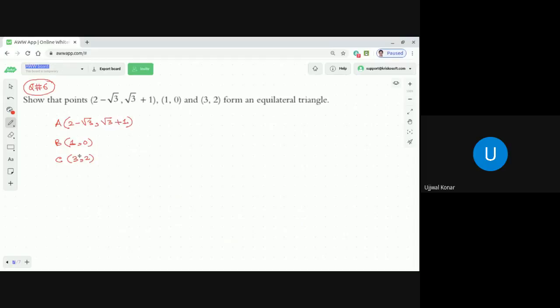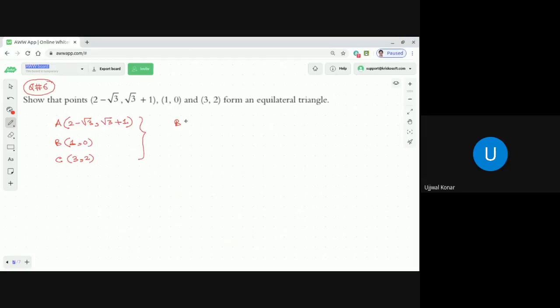Okay, now let me tell you how to approach this problem. As the question says you need to show it is an equilateral triangle, your first tendency should be to ask which one is easier to compute, BC. Correct? So first you find BC.